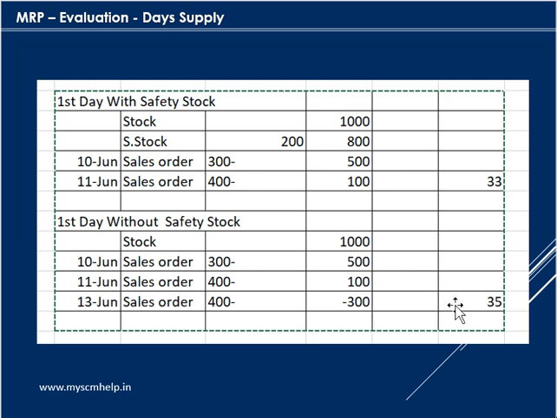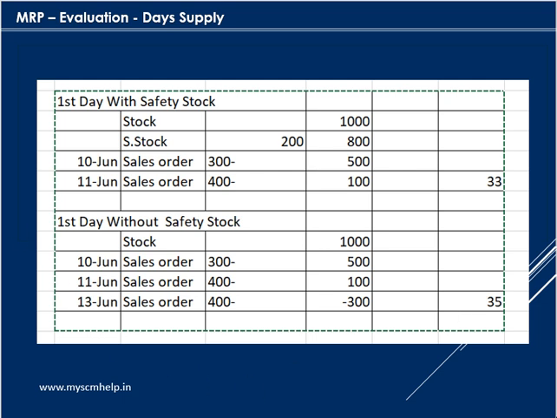That means the system is giving an indicator to the planner saying that boss, you still have 35 days, so in case you want to arrange something, you will be able to arrange. So this is all about days supply, especially without receipts.